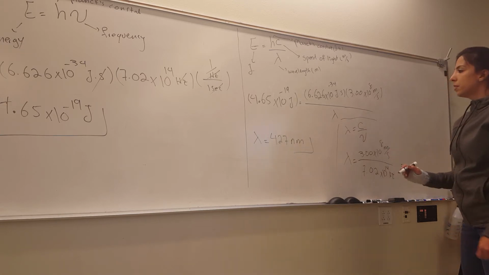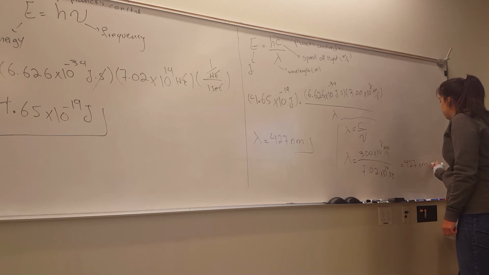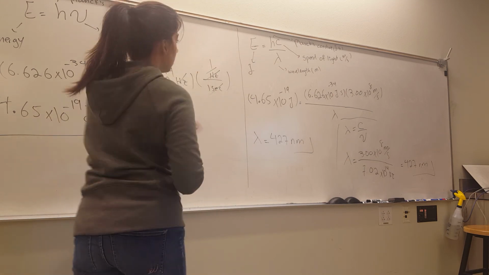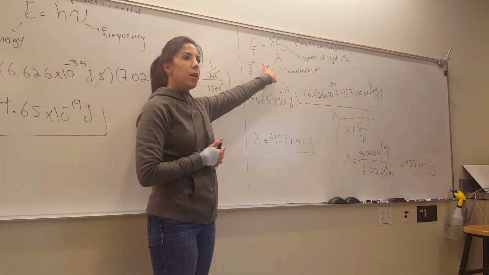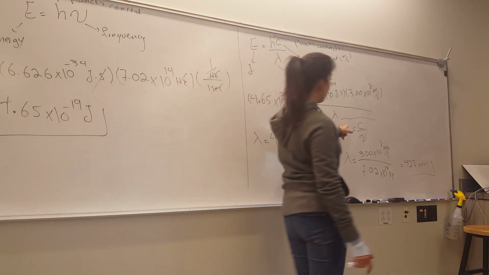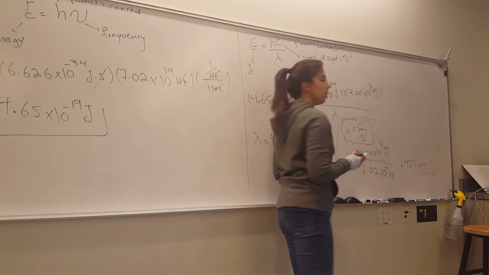And that should give us the same thing. Is the answer correct? Yeah. So if you have energy, you can use this equation. If you don't have energy, to convert between wavelength and frequency, you can just use lambda equals c over nu.